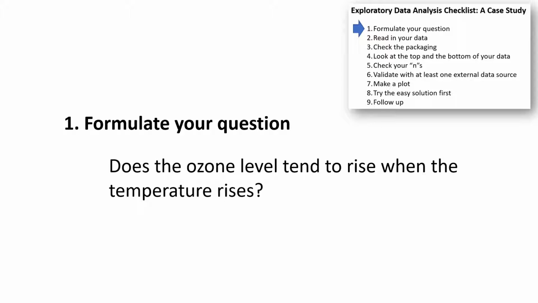So you'll already have that question by the time you come to this next step of exploratory data analysis. But I guess the authors just want to emphasize that you are starting with a question. So our question for this example will be, does the ozone level tend to rise when the temperature rises?